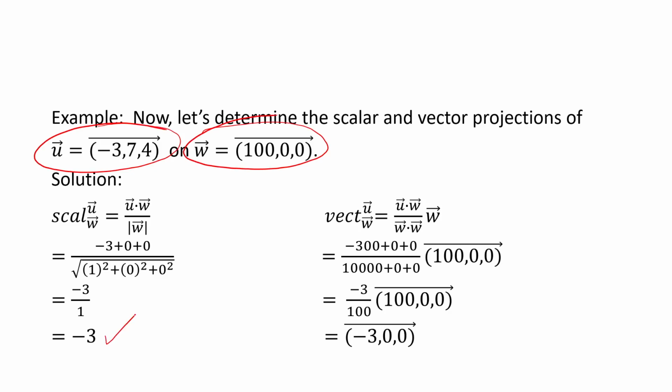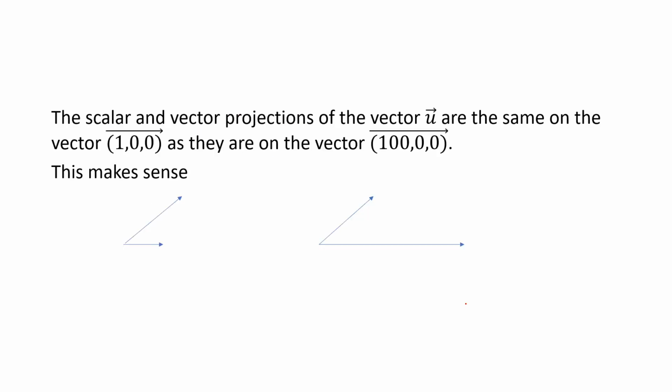And if we project onto 100, 0, 0, our vector projection will actually still be -3, 0, 0. So the point we're making here is that the scalar and vector projections of that vector are the same on 1, 0, 0 as they are on 100, 0, 0, which makes sense.